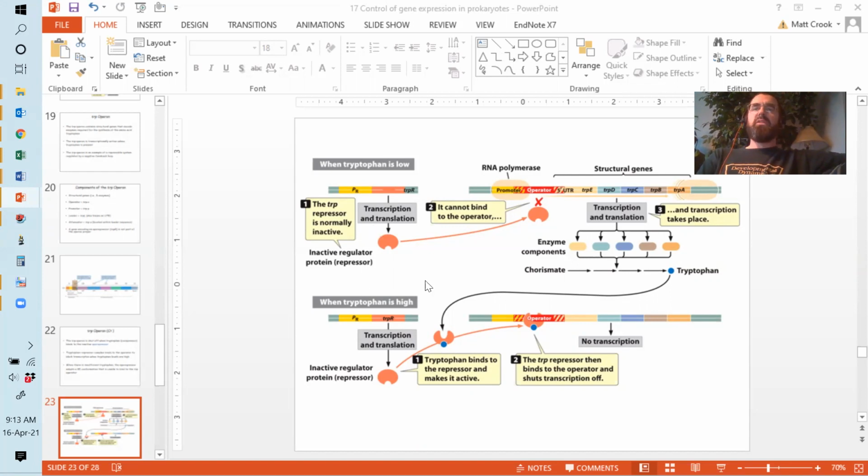And that TrpR protein is produced from a gene elsewhere in the bacterial genome.